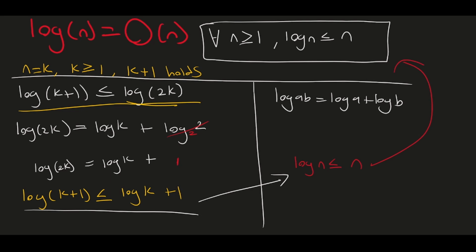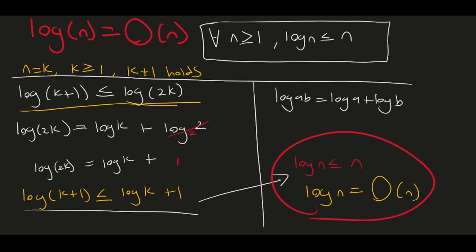If this is true, that must mean that log n is big O of n. And this is the proof.